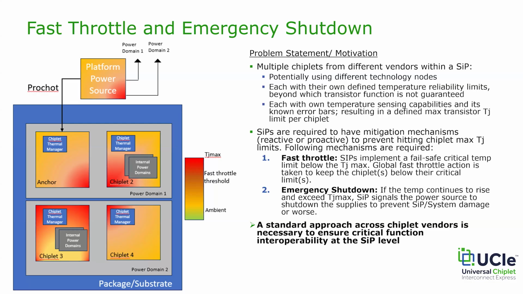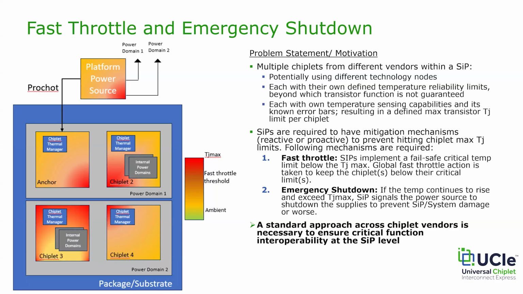So you are going to get different sets of maximum junction temperature, the TJ limit. And if you exceed the TJ limit, your transistor function is compromised. To prevent exceeding these limits, you need effective mitigation mechanisms at the SIP level, both reactive and proactive. This is needed so that you can maintain safe operating temperatures at the SIP level as well as at the platform level.